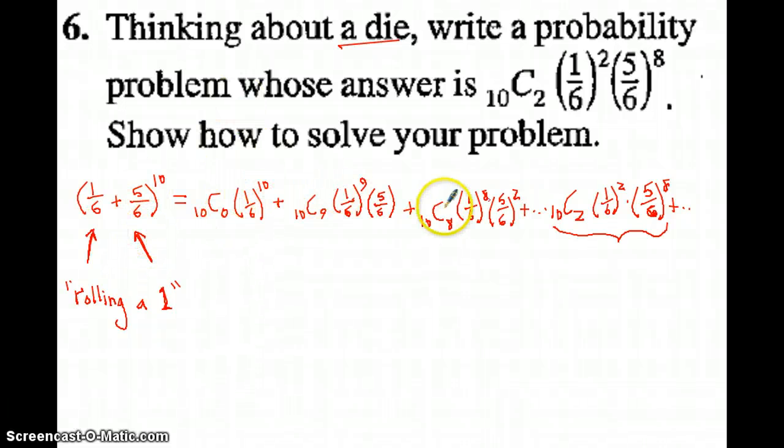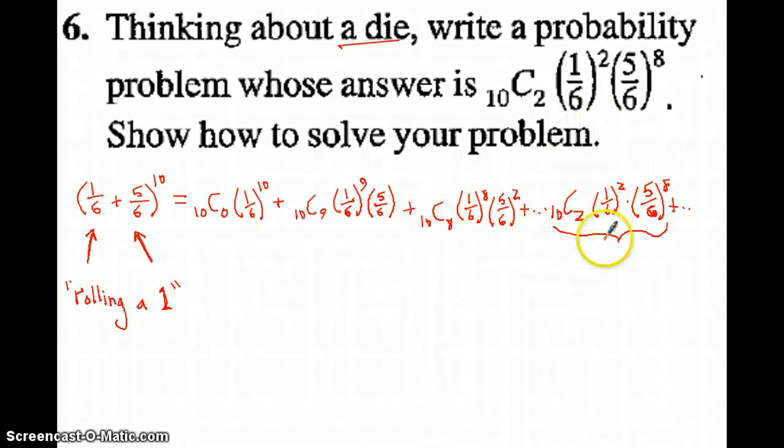So as we go down this little binomial expansion, this would represent the probability, if I calculate this, is the probability that I rolled the 1 all 10 times. This would be the probability that in my 10 rolls, I rolled the 1 9 times and something else once. This whole thing is the probability that I rolled the 1 8 times and something else twice, and on down.